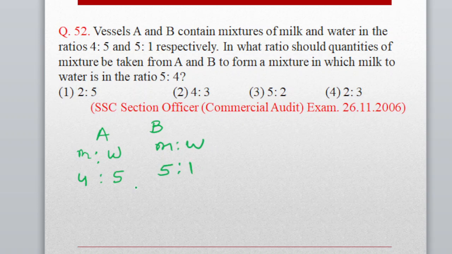Now we have to form a mixture in which the ratio of milk to water is 5:4. That means in the new mixture, the ratio of milk to water is 5:4.